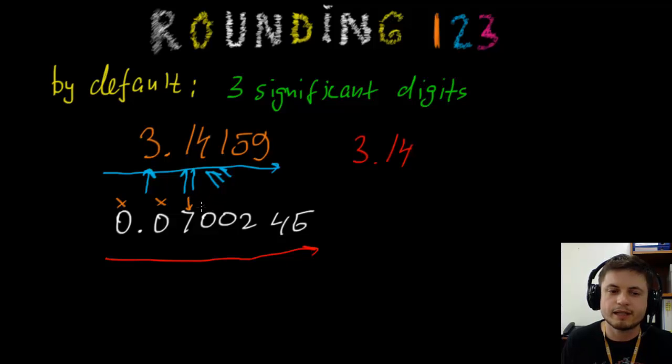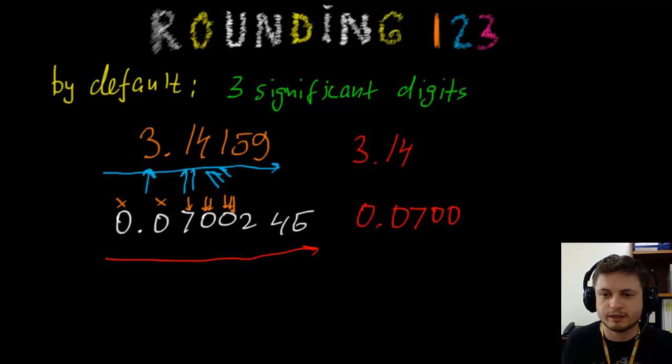Now, everything after the first non-zero digit starts counting as a significant digit, including 0. So in other words, these zeros right here start counting toward significant digits as well. So that's 2, and that's 3. So if you were to rewrite this to 3 significant digits, it would be 0.0700.